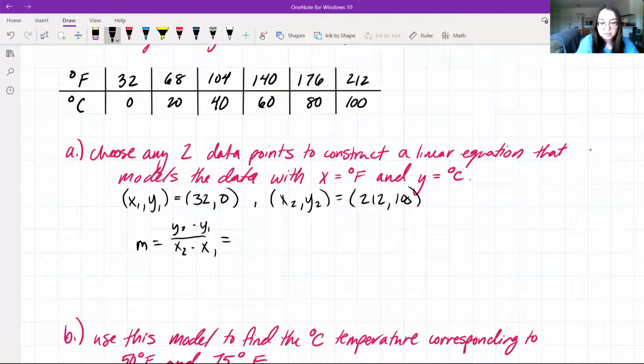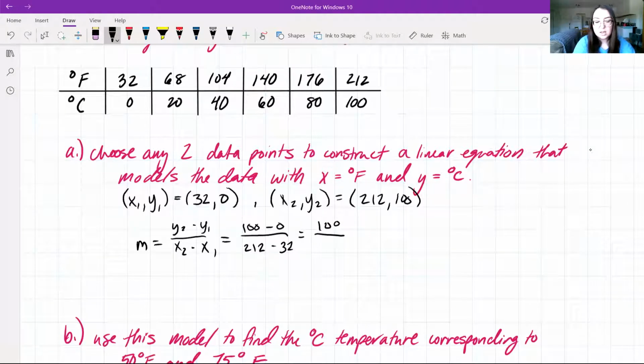So y2 is 100, y1 is 0, so we have 100 minus 0, divided by x2, which is 212, minus x1, which is 32. Now I want to simplify this. 100 minus 0 is just 100, and 212 minus 32, if you want to take a moment to calculate this on your own, is 180. So we have 100 divided by 180.